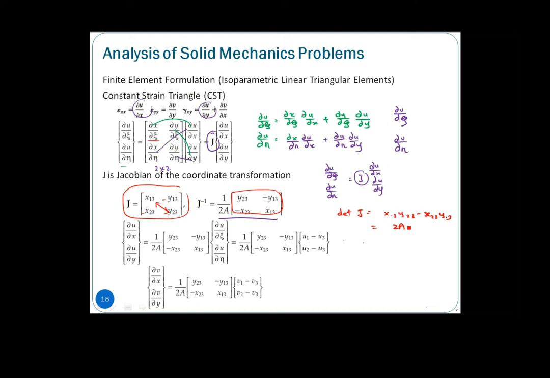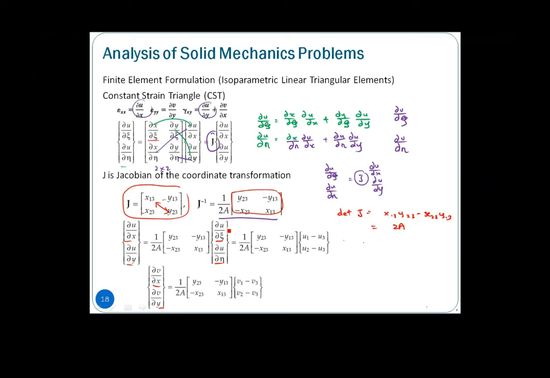All right, so with this, we have del u del x, del u del y, del v del x, del v del y in terms of our inverse Jacobian matrix, and also del u del psi, del u del eta.